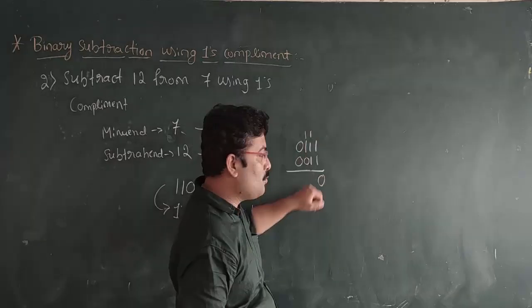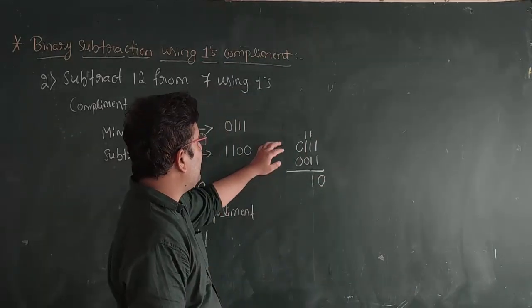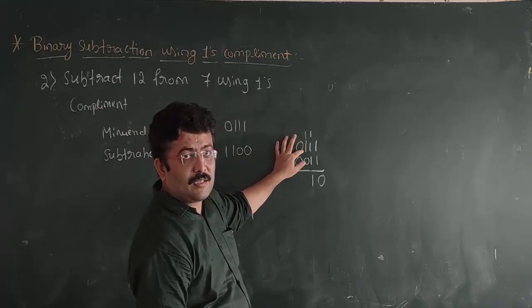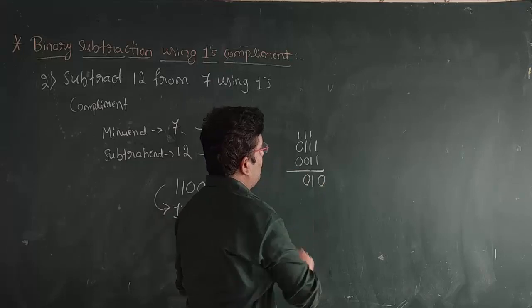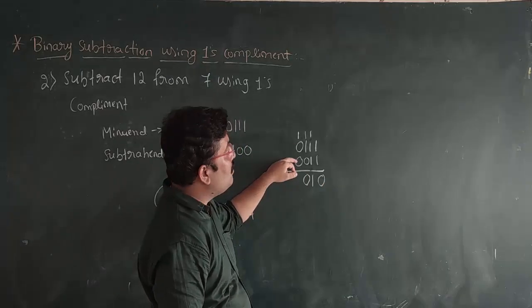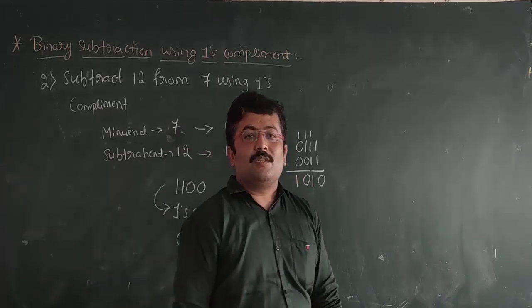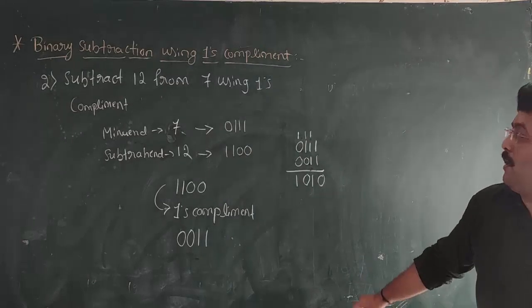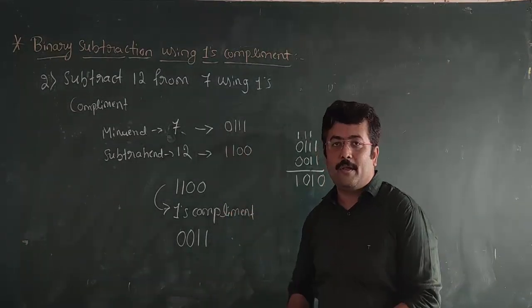So 0 plus 1 is sum 1, carry is 0. So next 1 plus 1 is sum 0, carry is 1. Fine. So next 0 plus 0 is 0. 0 plus 1 is 1. So this is the answer for adding the 1's complement to the minuend.